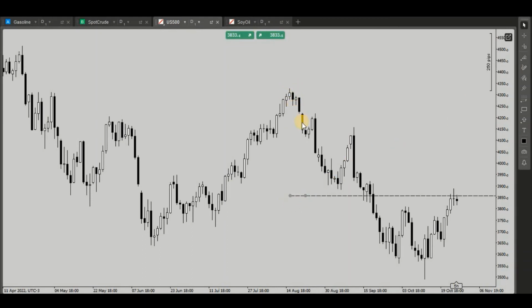As we were coming down, we bounced up and continued back down, and then price started to exhaust a bit. We have a hammer candle here, then a high wave candle here, then a small spinning top, and another high wave indecision candle, and then we got a move back up, which formed a bullish engulfing pattern.